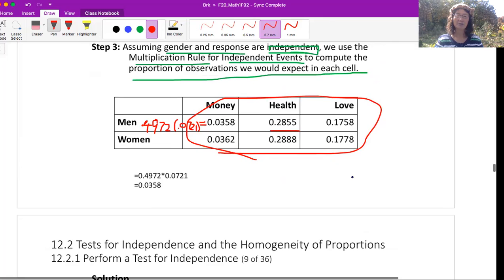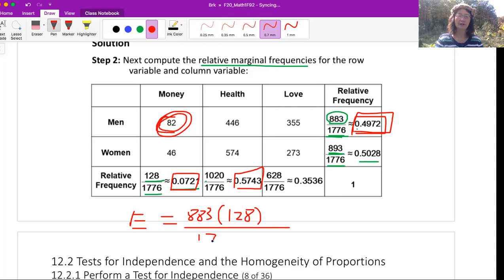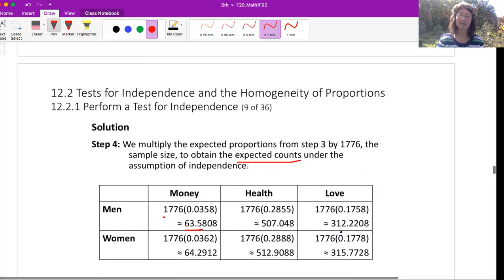So if I were to calculate the expected count for men who chose money, I use the row total 883, times the column total 128, divided by the grand total 1776, and this will give me the expected number here, 63.5808.